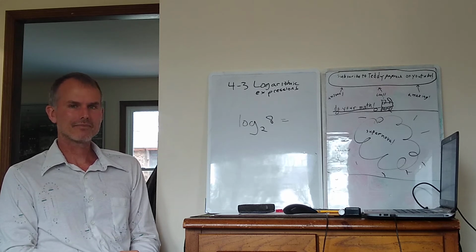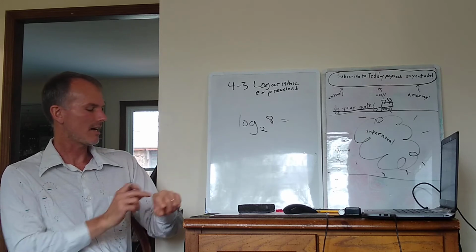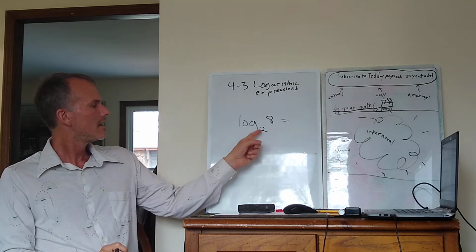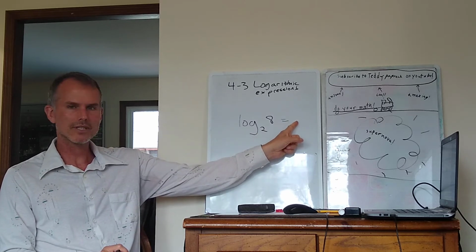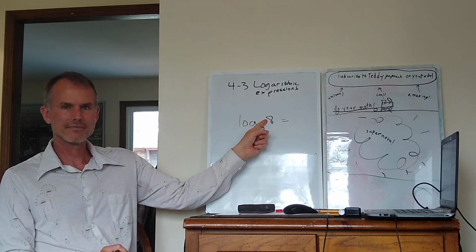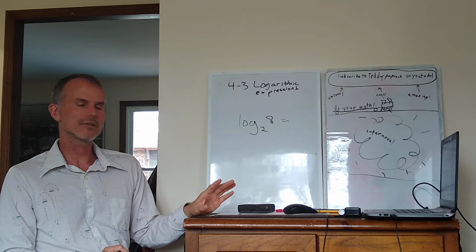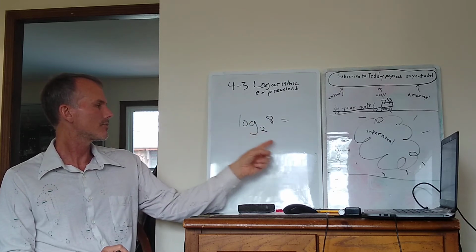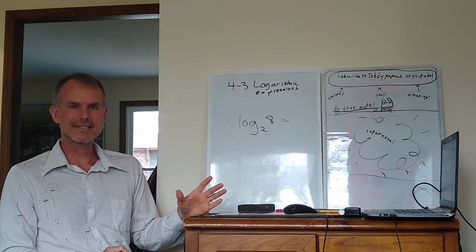Well, here's how. Again, watch carefully if you've forgotten how to do this. Base raised to an exponent gives you the argument. So what I have to ask myself to figure out what number goes over here is: 2 to what power would give me the number 8?